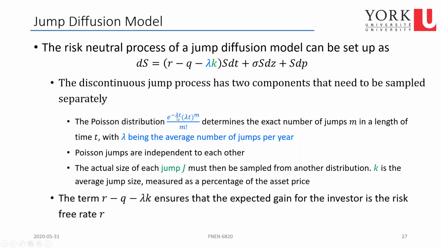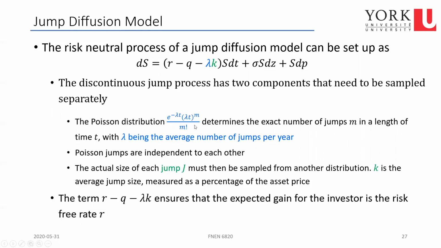Okay, so essentially the Poisson distribution gives you, if we have an average jump per year, say 30, then let's say you want to see what is the jump I'm going to get for 1 month. You can draw out of this, and then you will get a number.